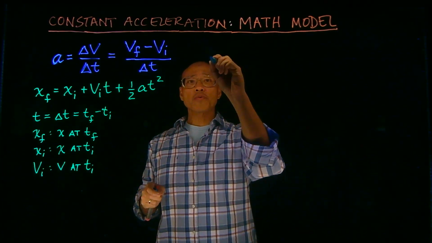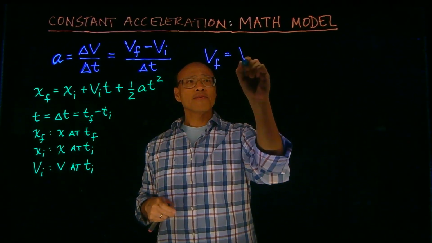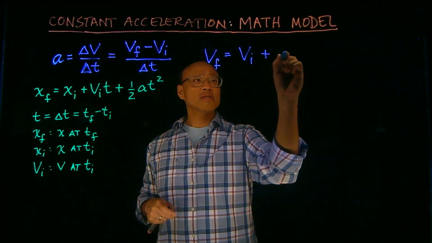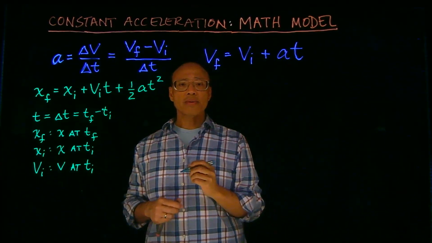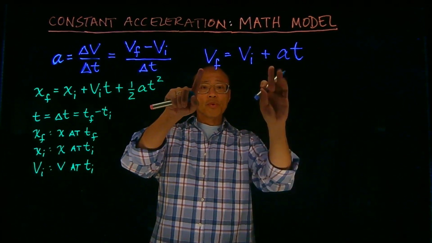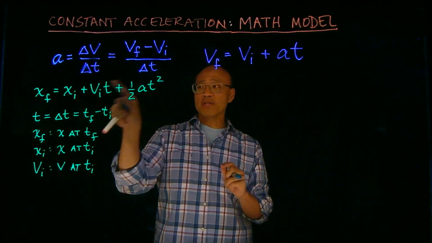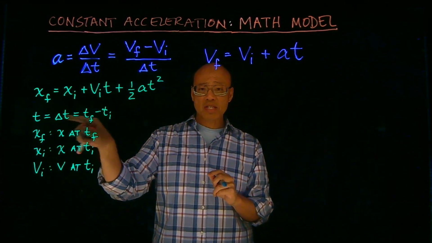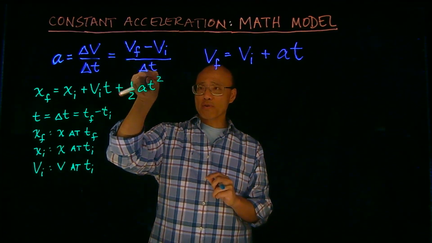But we also typically can use this equation. This is nothing more than this thing rearranged. So real quickly, remember delta t and t mean the same thing as symbols. So I have a equals this thing over t.